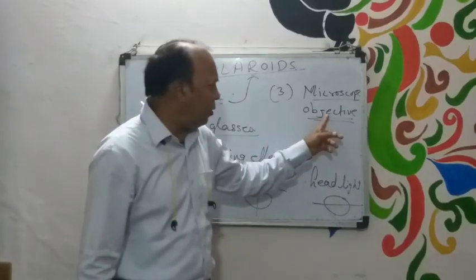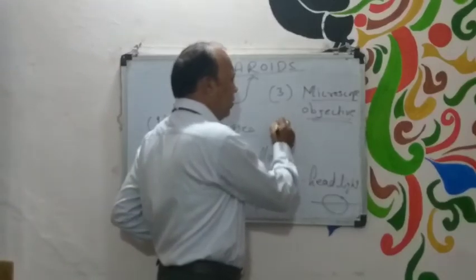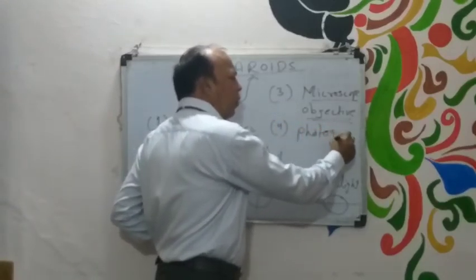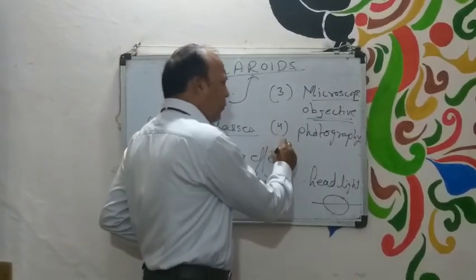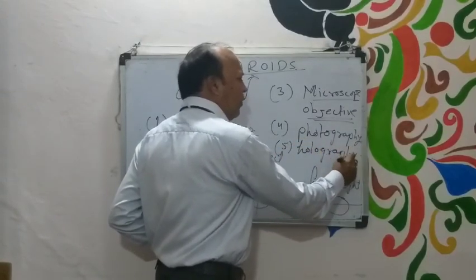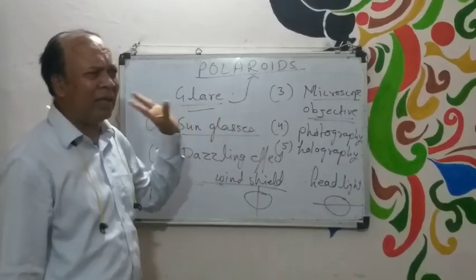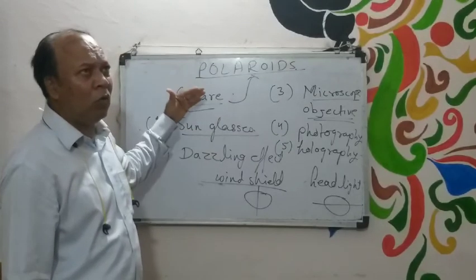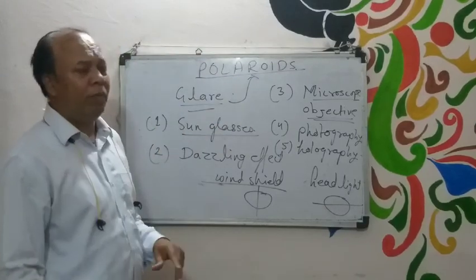For photography, in photography also we use some Polaroids. In holography, which is 3-dimensional photography, we also use Polaroids. So Polaroids are used in many such cases whenever we want to reduce the dazzling effect or remove the glare. For all these purposes we use Polaroids.